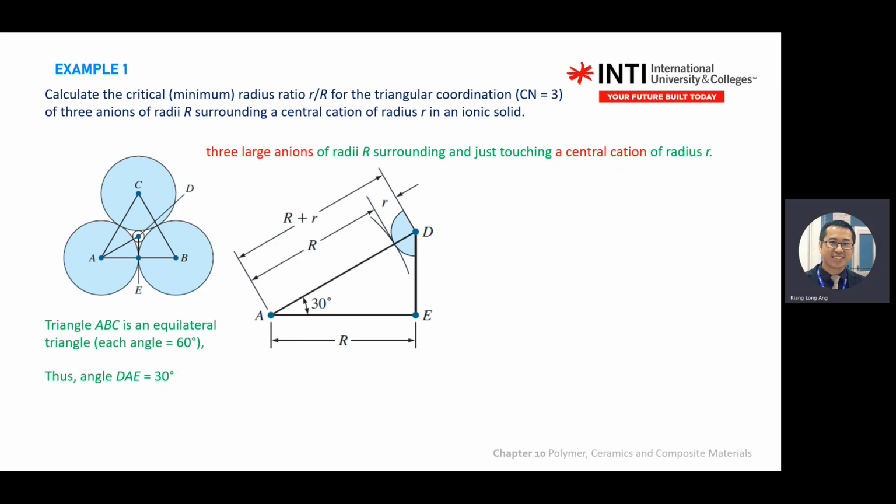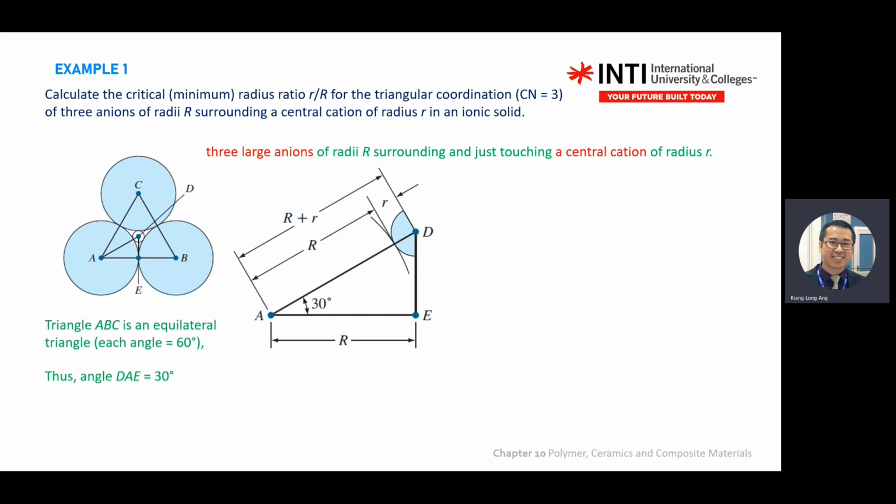D to A, B is here, the center of the positive charge. So the positive charge to the outer radius is small r. And then the big negative charge from the center to here is big R, here to here is big R. So in the right-angled triangle, the hypotenuse AD will be R plus small r.